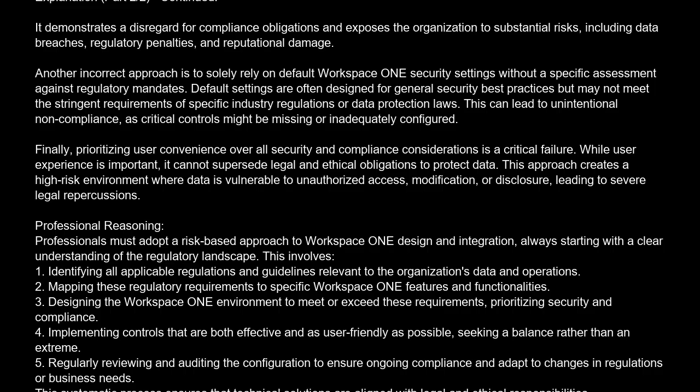Designing the Workspace ONE environment to meet or exceed these requirements, prioritizing security and compliance. 4. Implementing controls that are both effective and as user-friendly as possible, seeking a balance rather than extremes. 5. Regularly reviewing and auditing the configuration to ensure ongoing compliance and adapt to changes in regulations or business needs. This systematic process ensures that technical solutions are aligned with legal and ethical responsibilities.